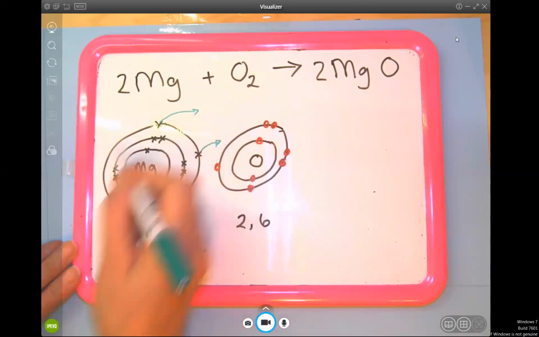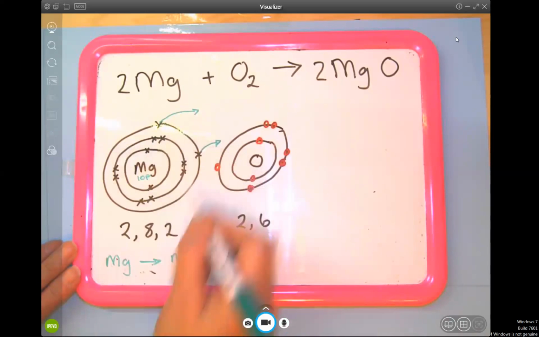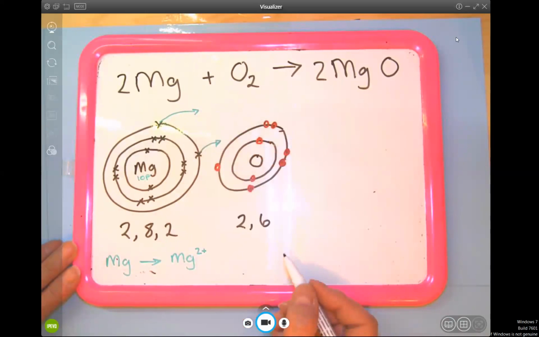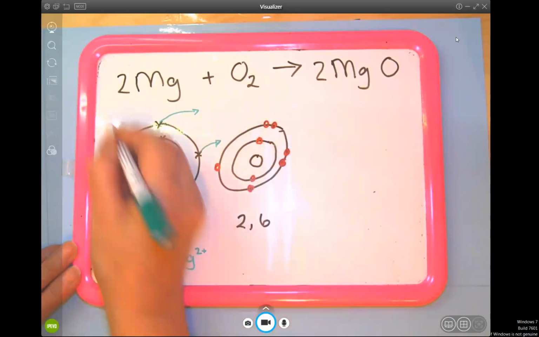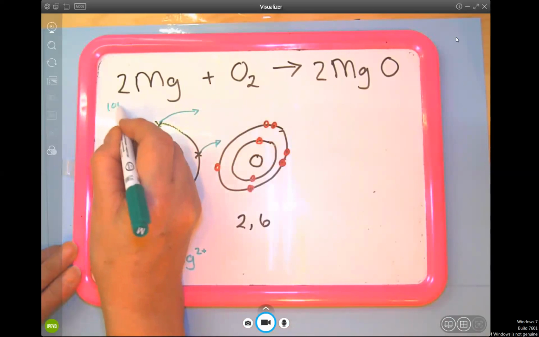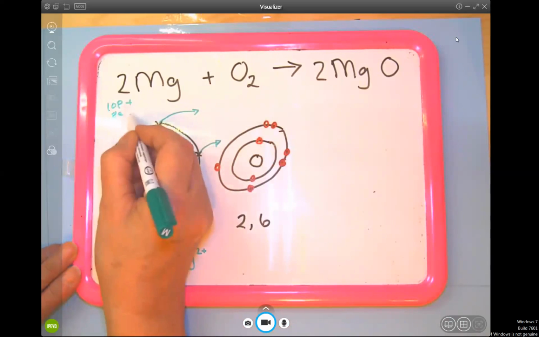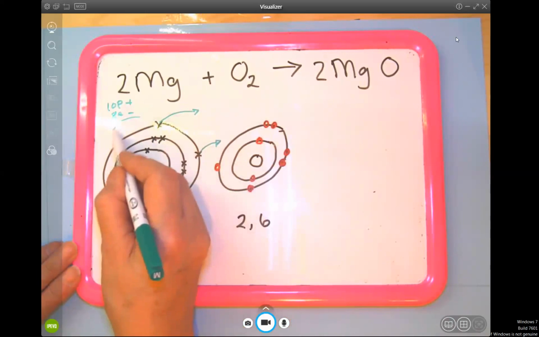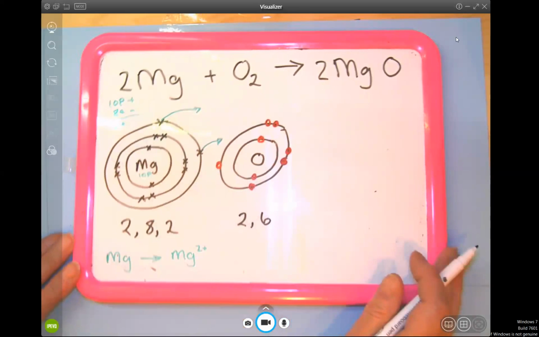At the moment it's got 12 negative electrons around the outside, but if it loses 2 electrons it will only have 10 electrons. So it's got 12 protons and 10 electrons, so 12 positive charges and 10 negative charges. So overall it's going to be positively charged.